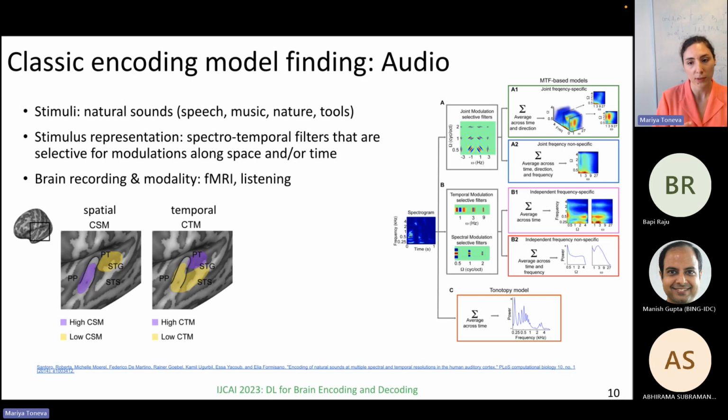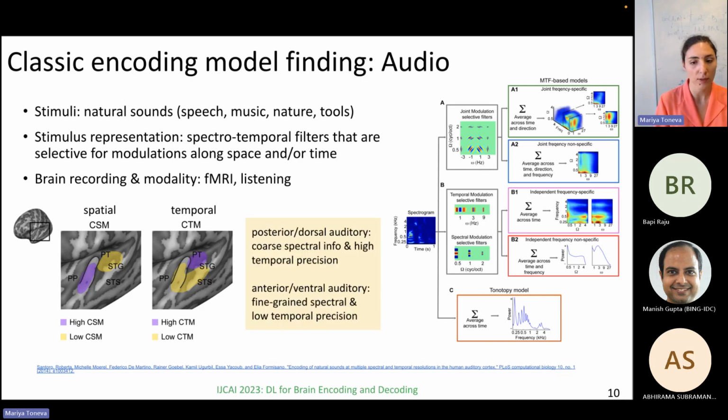And they used these different filters to build an encoding model that predicts a specific part of the brain, which is early auditory cortex. And here they saw different things in terms of how different parts of the auditory cortex are being predicted.